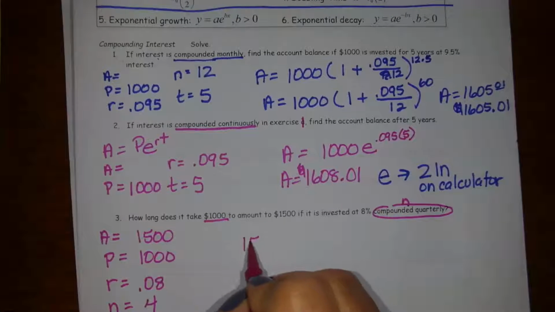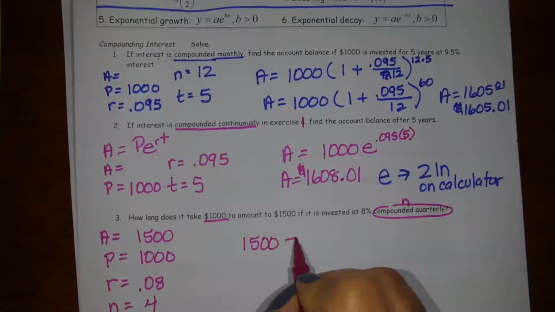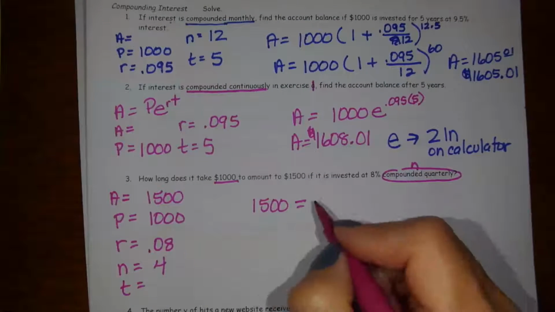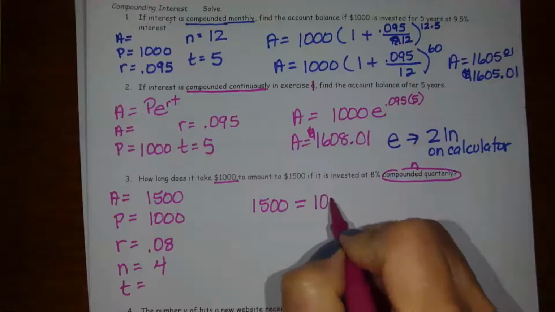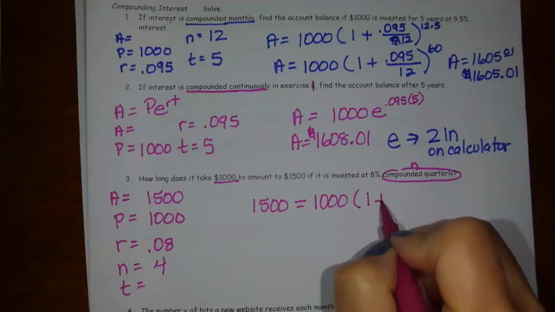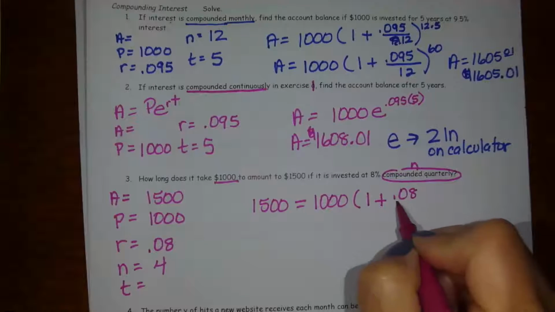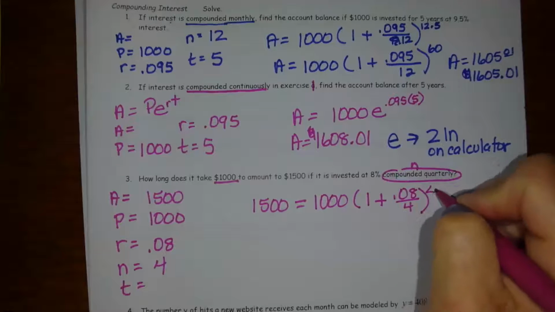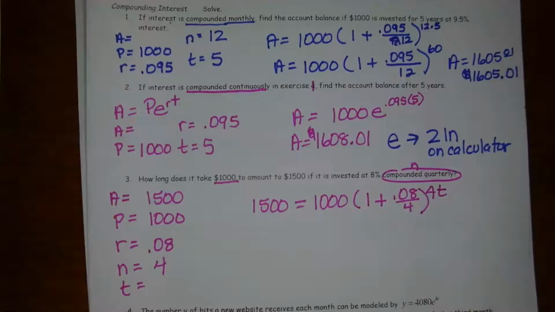So now we go straight to our formula up there, right? 1,500 equals 1,000 times 1 plus 0.08 over 4 to the power 4t. What's different about this problem?